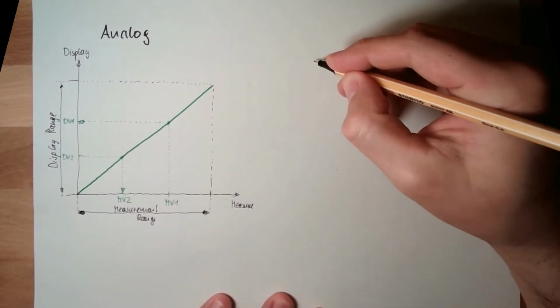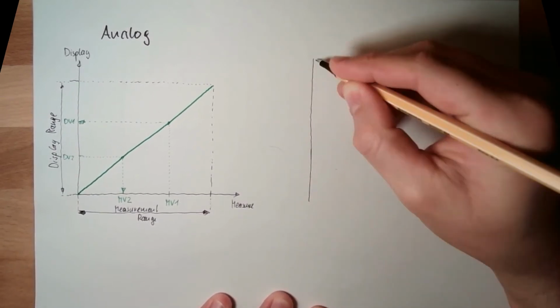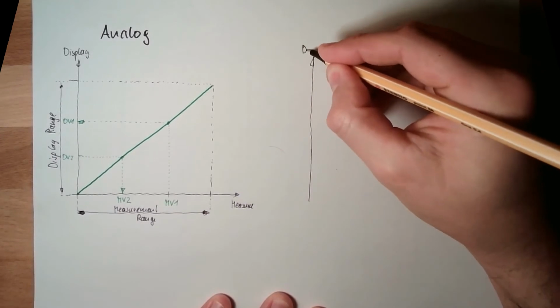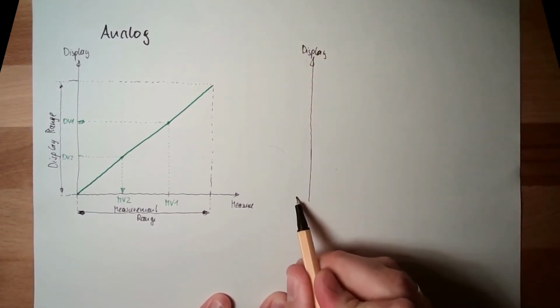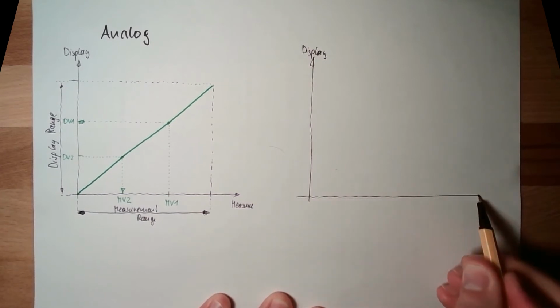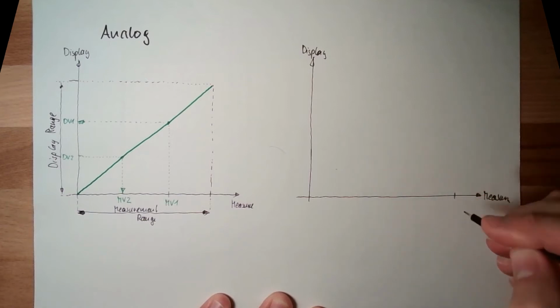In the digital world, it looks a bit different. I also draw the line. I have some display, and I have some measurement. And of course, I again have my measurement range.